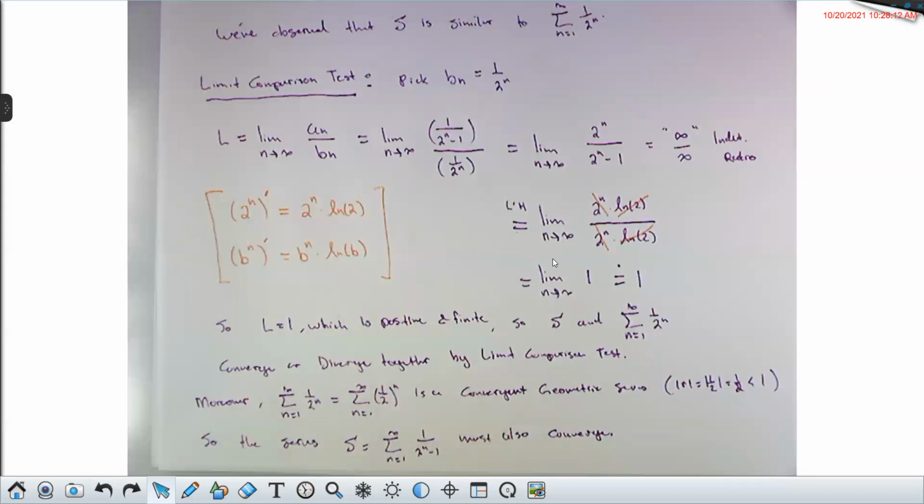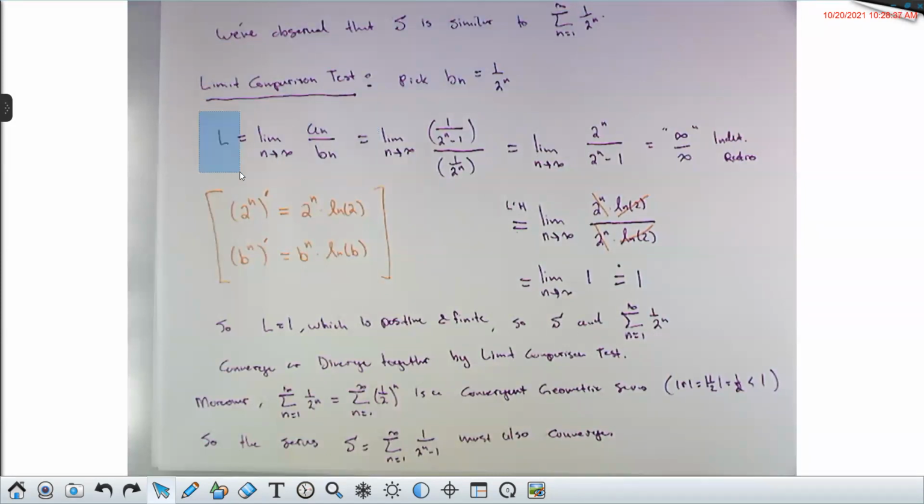So first you come up with a suitable series for comparison. Right? That was this step. We observed that our series is similar to sigma 1 over 2 to the n. Then you tell your reader, okay, I'm going to run the limit comparison test with bn equal to 1 over 2 to the n. What that means is you're going to calculate the limit of an over bn.